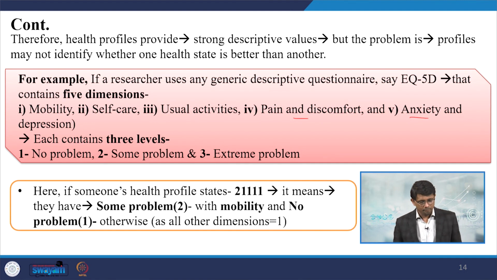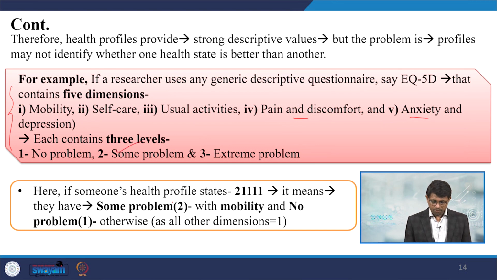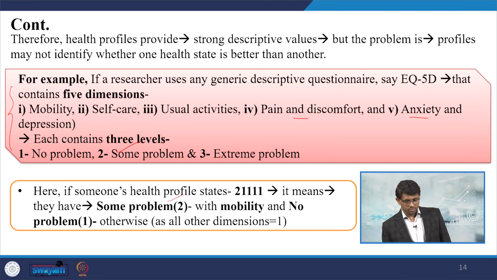Here, if someone's health state is mentioned as 21111, this means the first aspect is related to mobility, and that is picked up as 2. So, it has some problem with mobility, and then 1 means no problem, and similarly for the others it is 1.